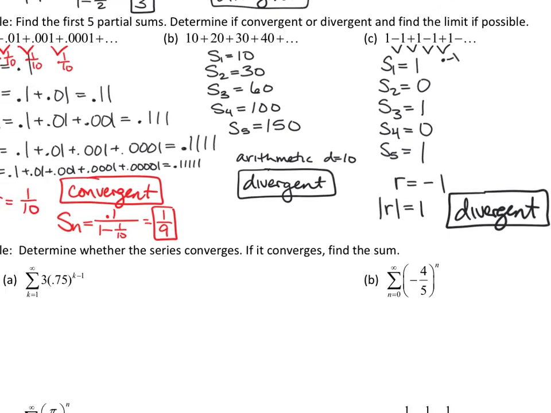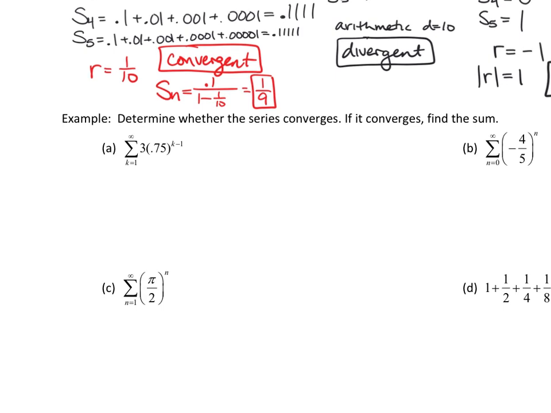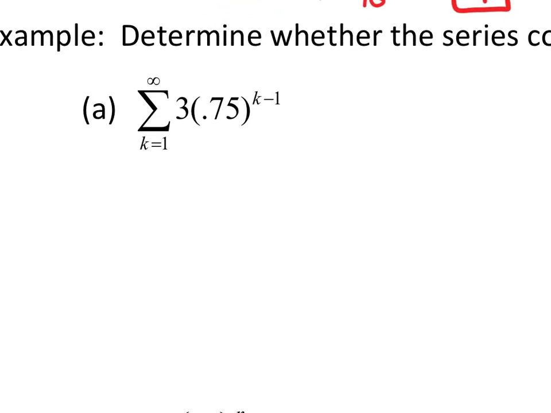Okay, so we're going to stick on this idea of just figuring out whether a series converges or diverges, and if it converges, find the sums. But this time it's given to us in sigma notation. These are generally easier because in sigma notation, you can decide what type of sequence it is just by looking. With this pattern, something that looks like this, was this the arithmetic sequence or the geometric sequence?